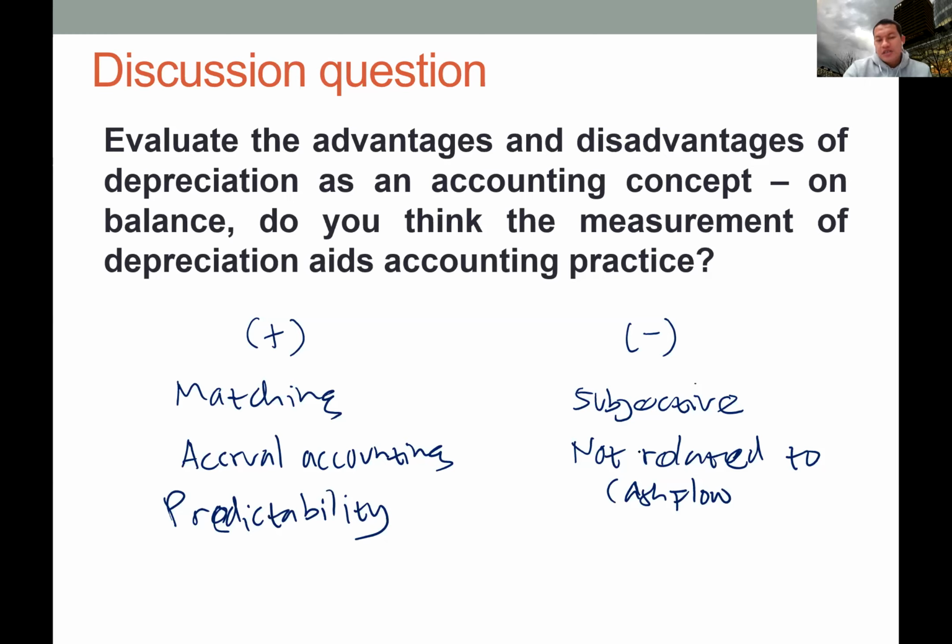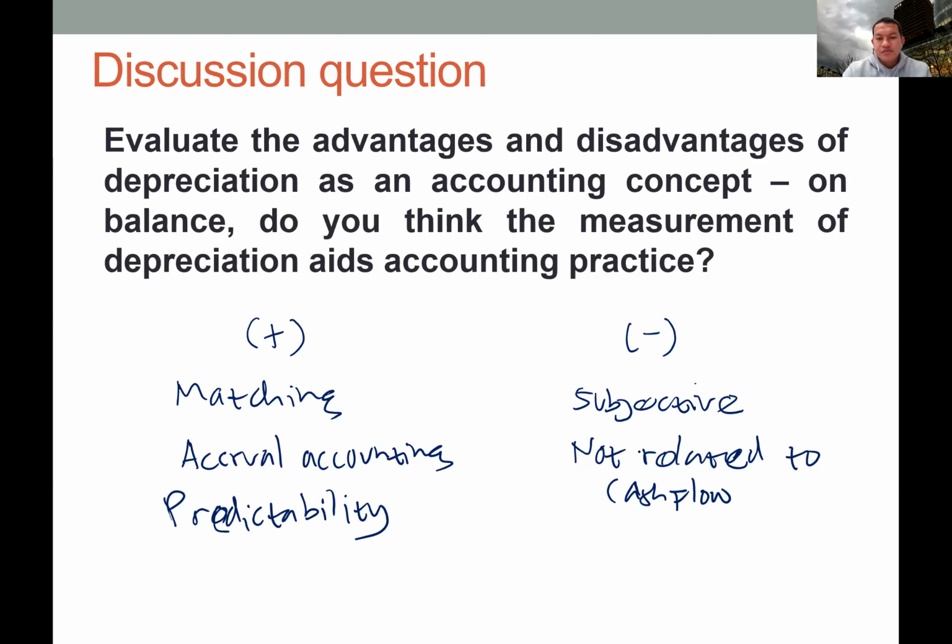Depreciation expense is basically backward looking. We just allocate the historical cost, the past costs, throughout the economic life. But some users of financial statements may want information that is more forward looking.